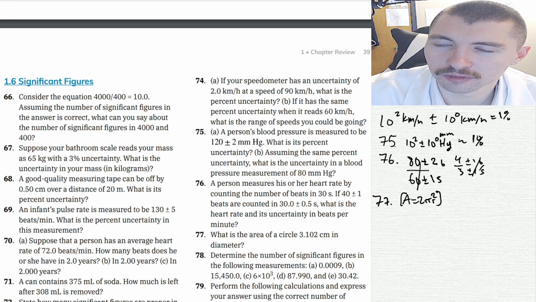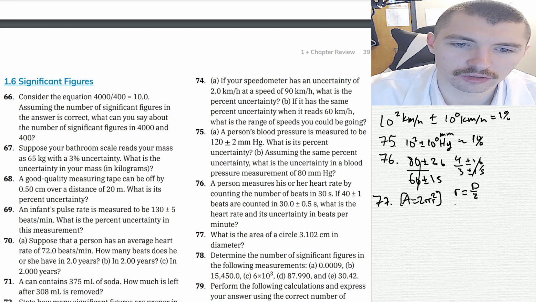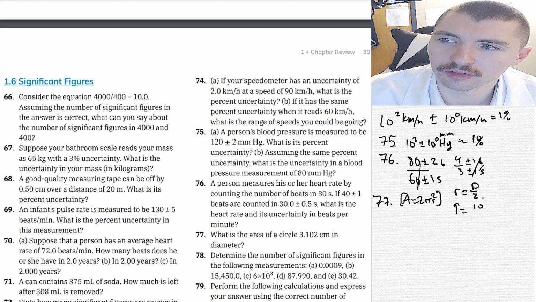So radius is d over 2. So it's saying radius is about 10 to the 0 divided by 2, about 10 to the 0.